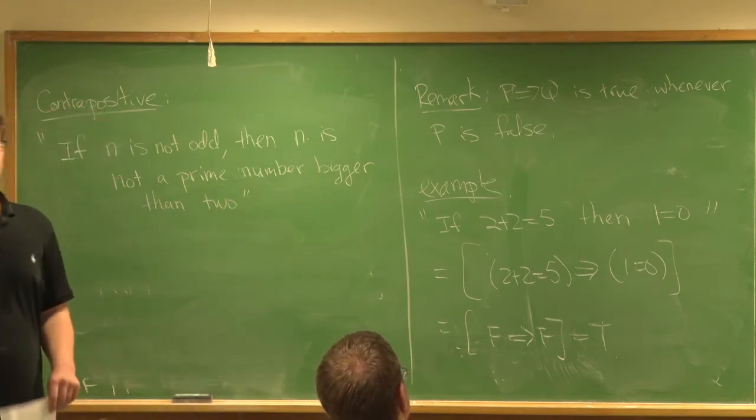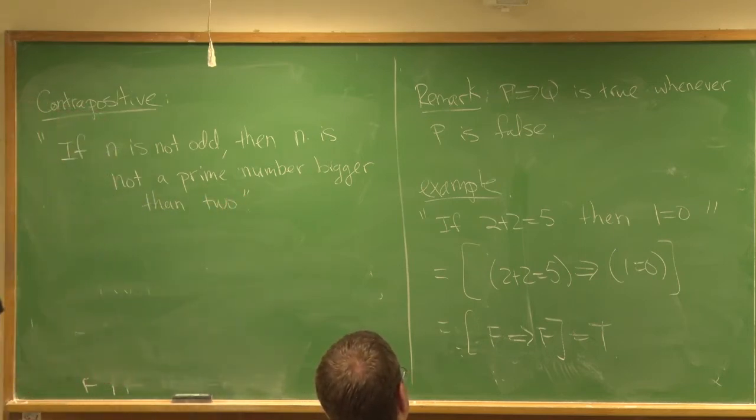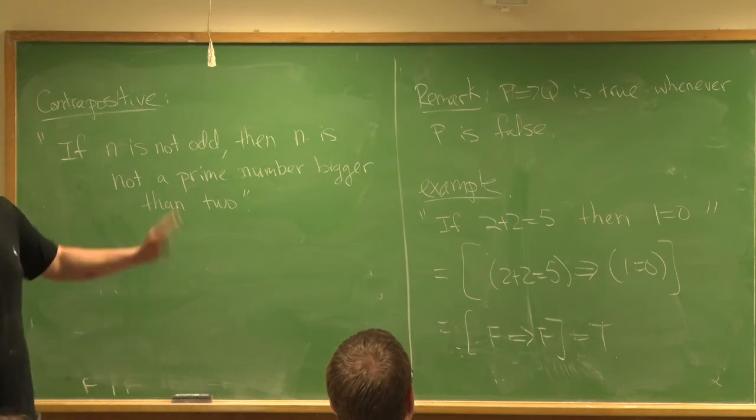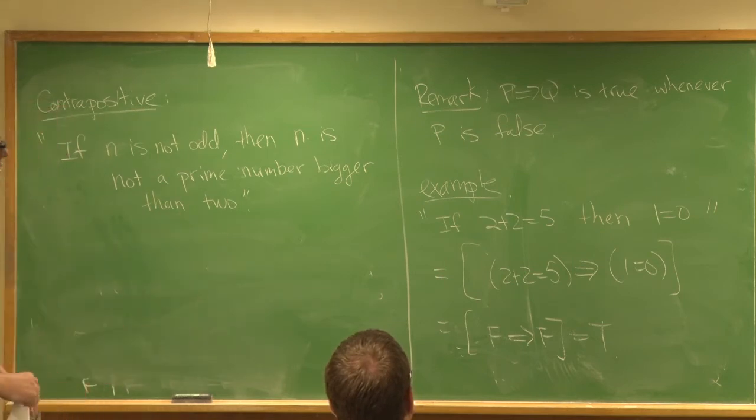Does that make sense? Because if it's not odd, it's even, so it'll be divisible by 2. And you can see this one is equivalent to the first one. You can just look at it, and it makes sense.